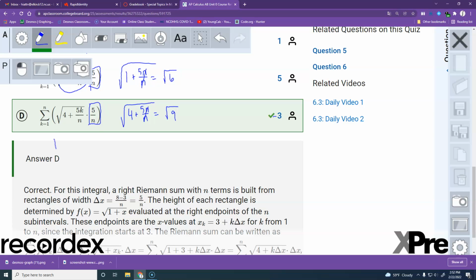So this could be broken down, and I don't want to spend much more time on this than this. This could be written like this: 1 plus 3 plus 5k over n. So if we think about plugging in here, I'd have 1 plus 3 plus 5n over n. The n's would cancel. And so that would be 1 plus, I'm going to put that 3 and 5 together to get 8.